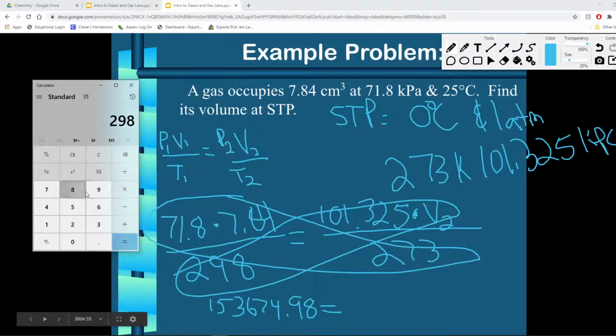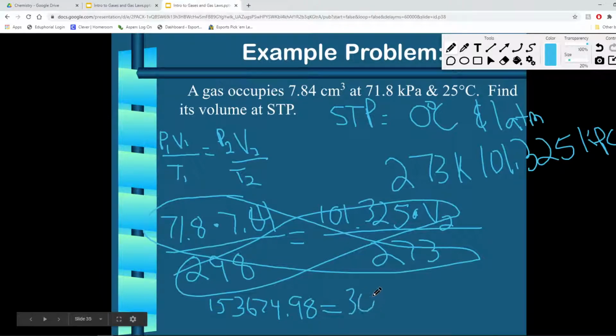So 298 times 101.325 is 30,194.85 times the V2.